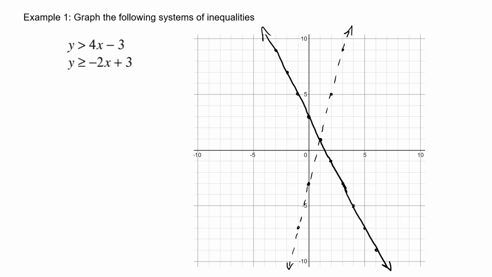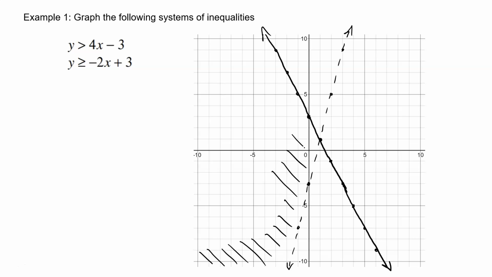So this line, y is greater than 4x minus 3, this dotted line that we have here. You can see it's a greater than symbol, so that means we want to shade above. Now you want to pick a direction that you want to shade and just draw kind of hatch marks going that direction.